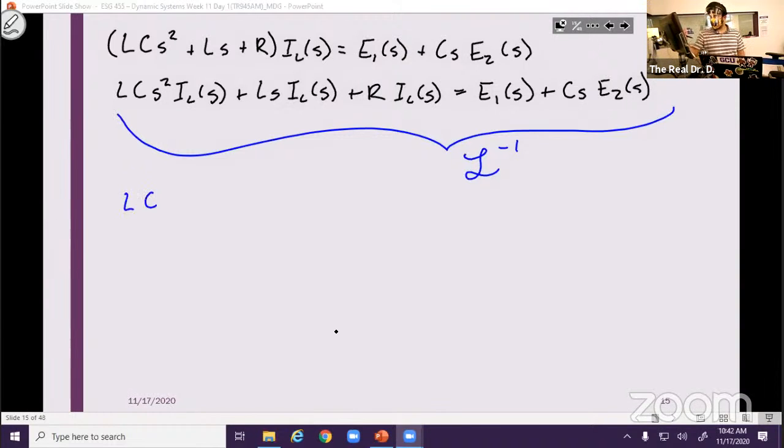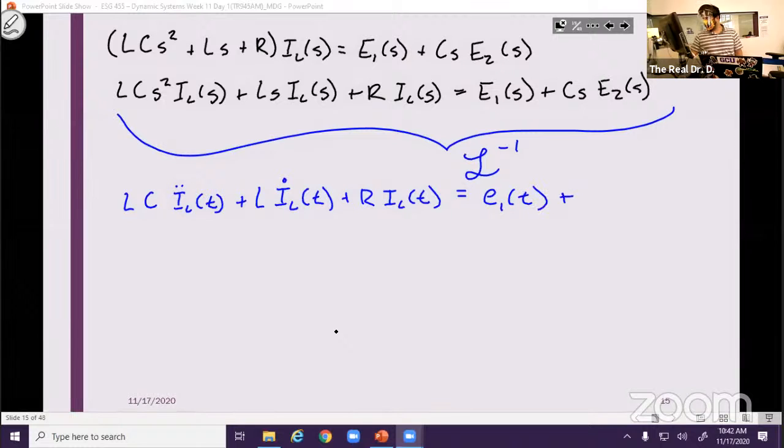So I get LC IL of T double dot plus L IL dot of T plus R IL of T is equal to E1 of T plus C E2 dot of T. And there is the original differential equation with 0 initial condition.